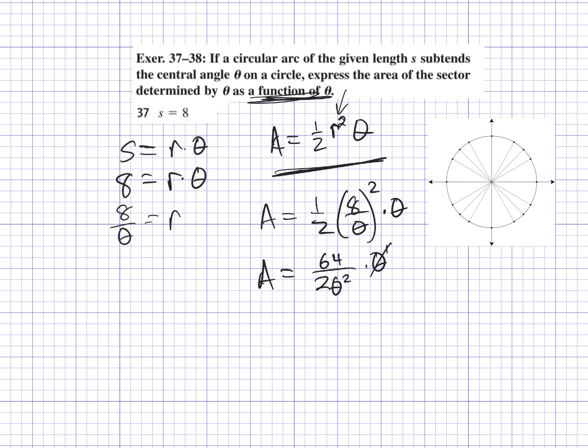So that one theta reduces with one of those in the bottom. 64 over 2 is 32, and you still have theta in your denominator. So the area function is now in terms of theta. Express the area of the sector determined by theta as a function of theta, meaning theta has to be the only variable on the other side.